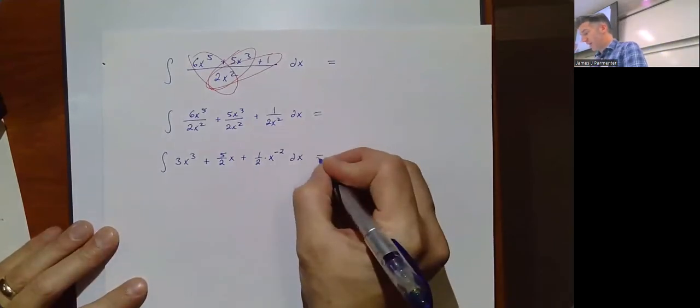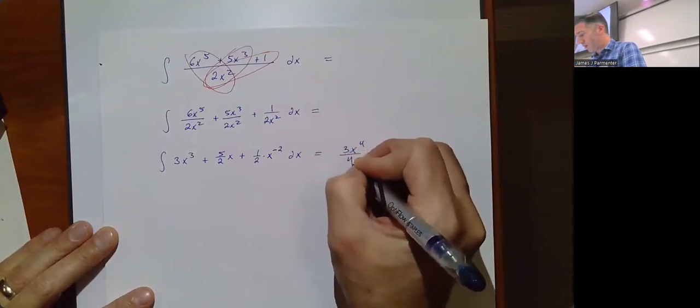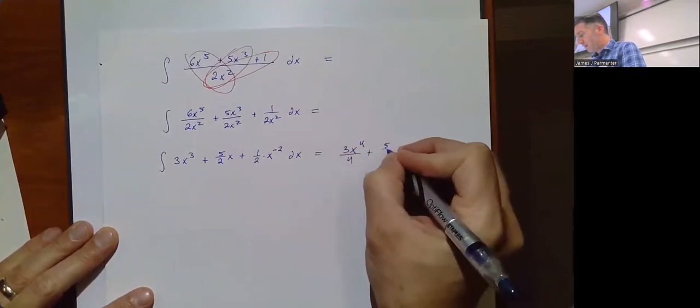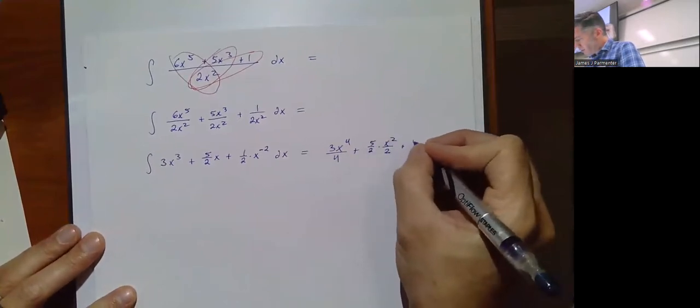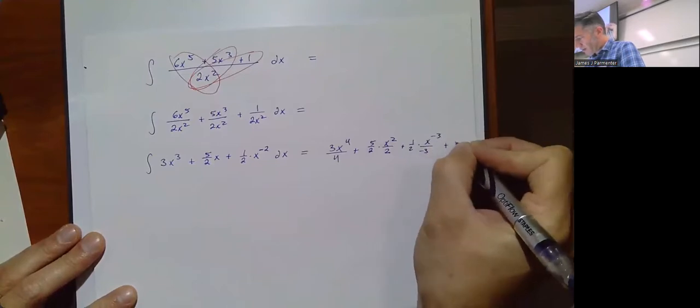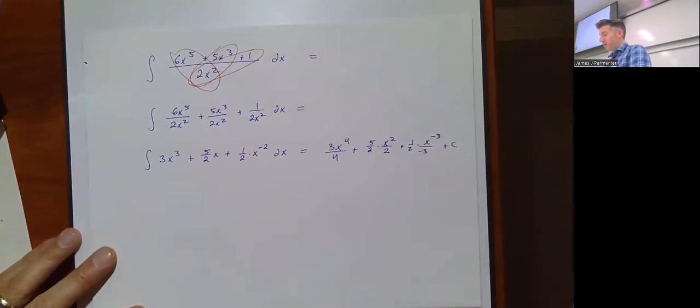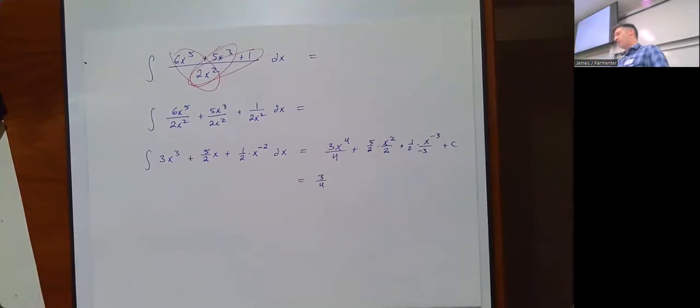And now we can just anti-differentiate and get 3x to the 4th over 4 plus 5/2 times x squared over 2 plus 1/2 times x to the negative 3rd over negative 3. And we should simplify that. We could certainly write this as 3/4 times x to the 4th or 3x to the 4th over 4.